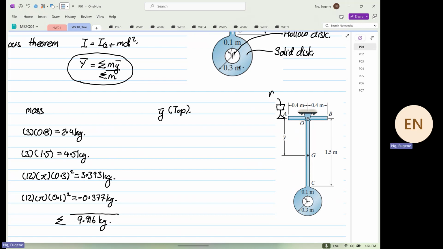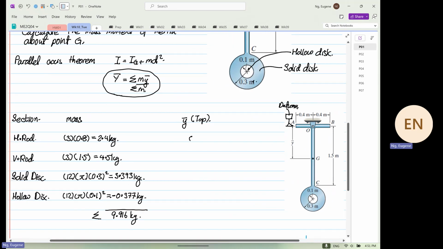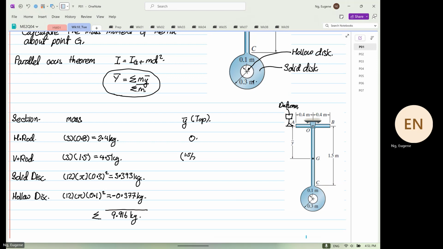Okay, so this is our datum. You can take it from the top, you can take it from the bottom, it's going to be the same. Okay. So the Y bar distance for rod AB, the horizontal rod, is going to be equal to 0. The vertical rod will be equal to 1.5 divided by 2. Okay, so 1.5 divided by 2 is equal to 0.75.